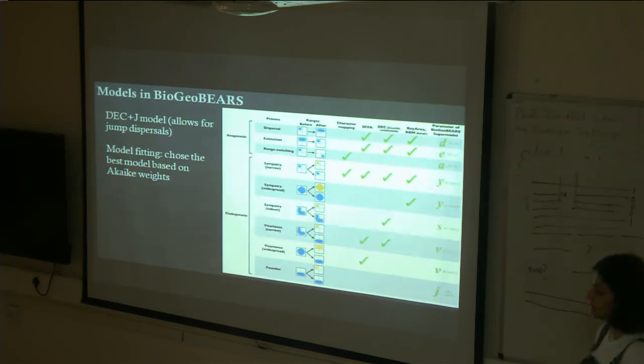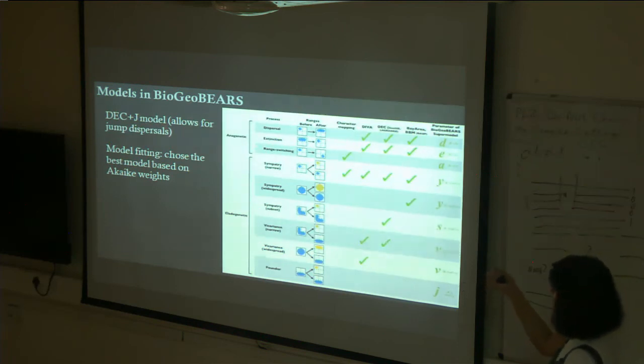But understand which model out of the 3 to use based on your data set and your group, and don't use DEC and DEC plus J and say DEC plus J is better. Use the plus J model only if you think your taxa actually carries out jump dispersal.